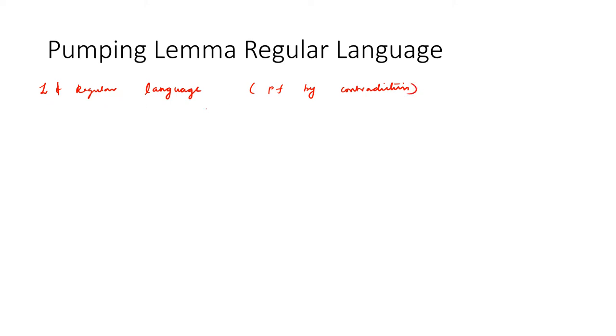For now, just bear with me and let us try to understand the statement of the lemma. For both versions of the pumping lemma, you have something called a pumping constant. We will use this pumping constant to prove by contradiction that a language is not regular.